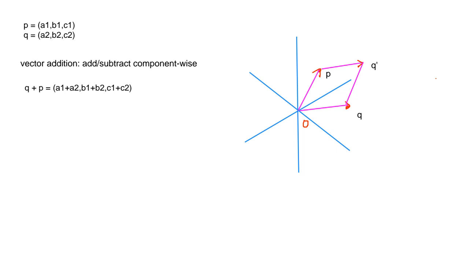So what is the geometric meaning of Q plus P, or OP plus OQ? It's the diagonal, the longer diagonal of this parallelogram. Let me change another color. So it's from O to Q prime, with the arrow on Q prime.